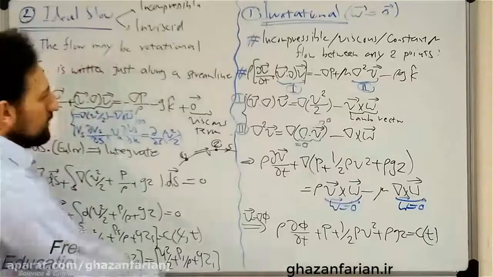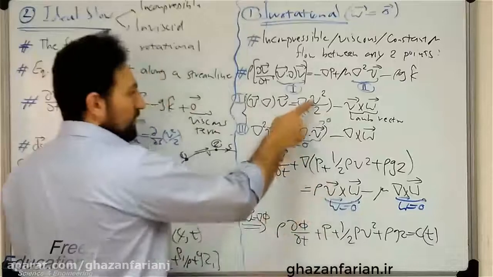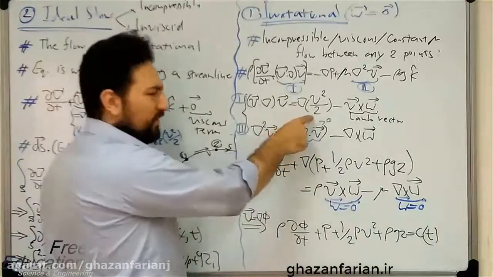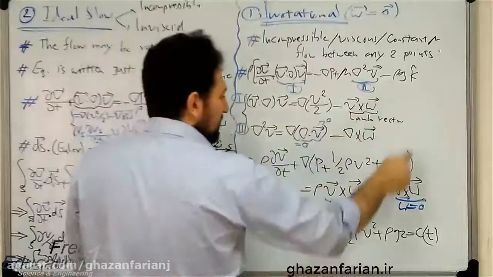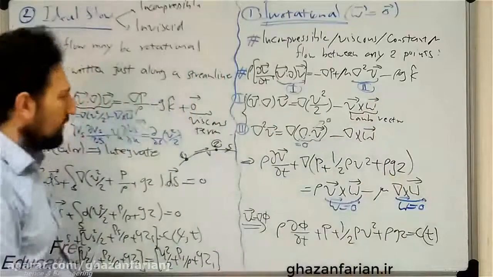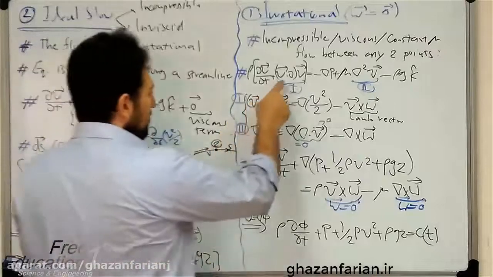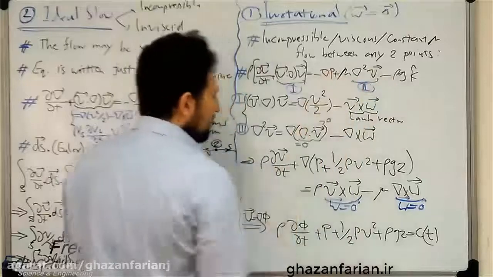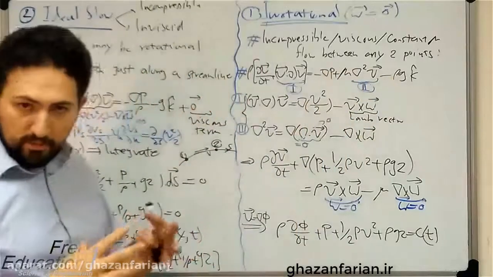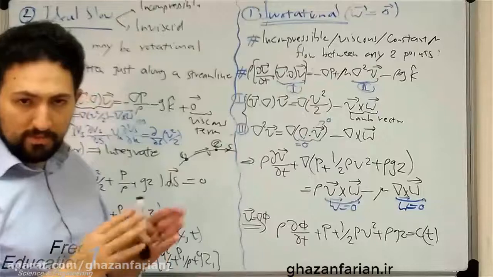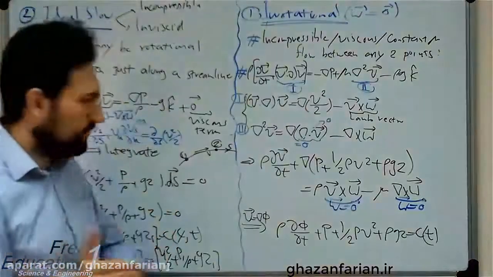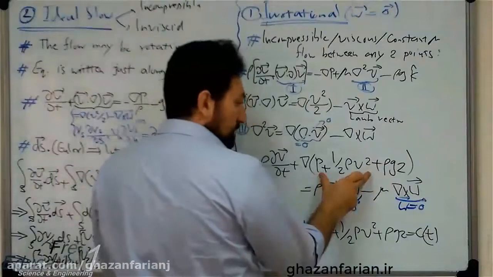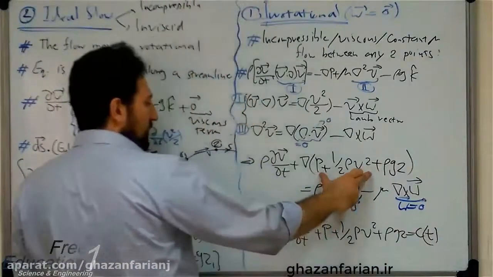For example, the gradient of pressure, the gradient of something similar to the kinetic energy, and the gradient of the z coordinate. So combine these three terms, which are similar to each other because all of them can be written as a gradient of something, and write them on the first side of the equation.